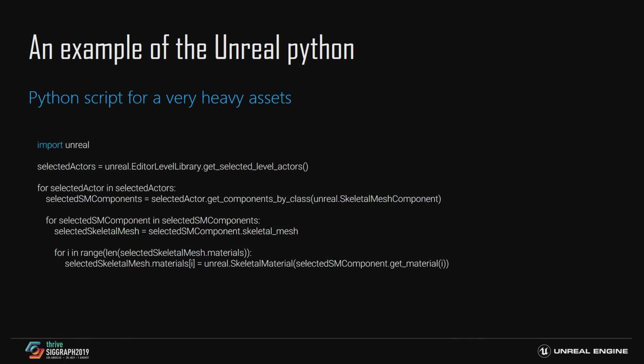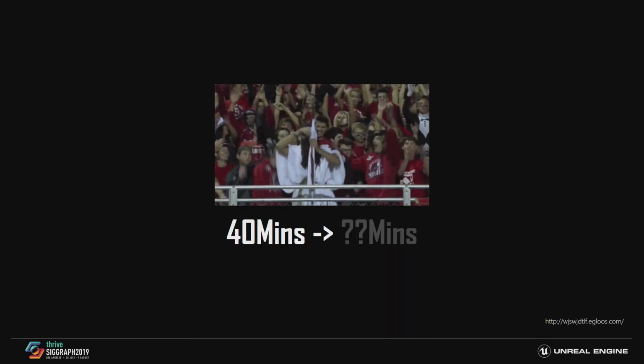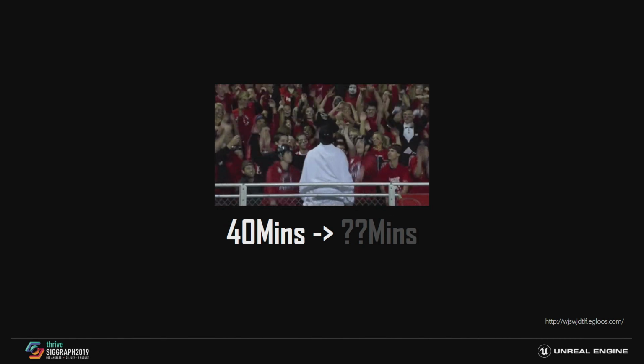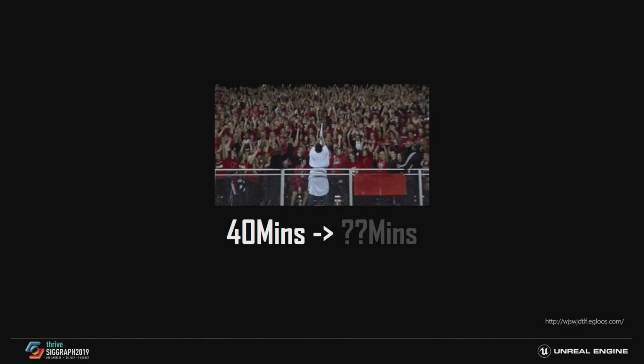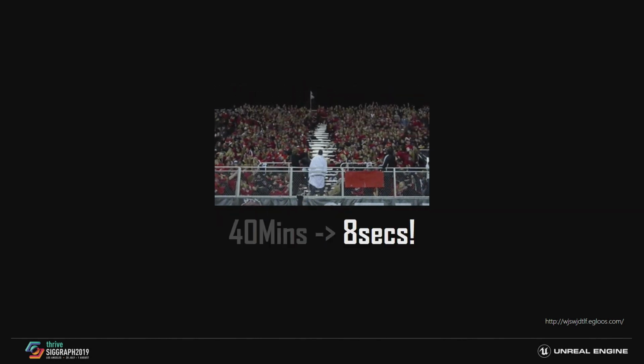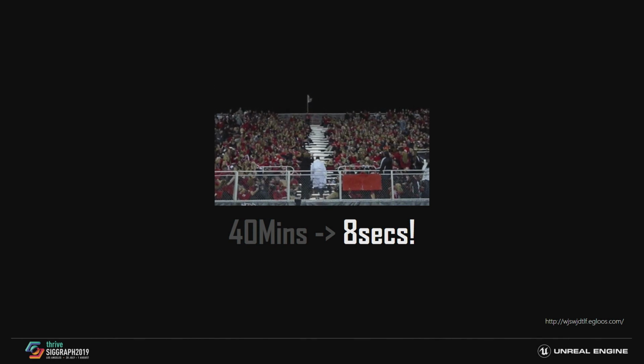This script reflects the actor's material settings to the original asset, and it's super fast. In the case of Vincent, it took about 40 minutes before this script, but after this script, it only took 8 seconds. Yeah, it feels like a miracle to me.